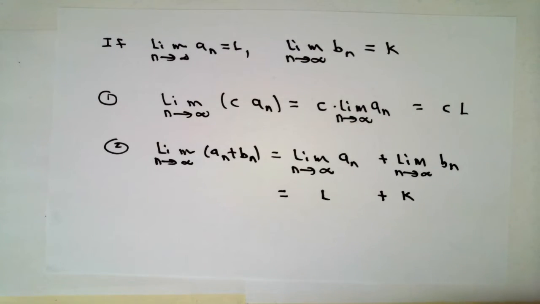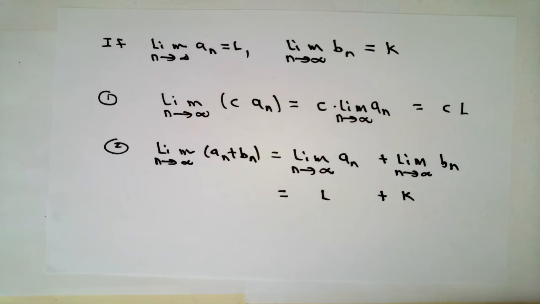Secondly, the limit of the sum of two of these things is the sum of the individual limits. I've got to make a comment here. Both of those limits have to exist as actual numbers if this is to be true.